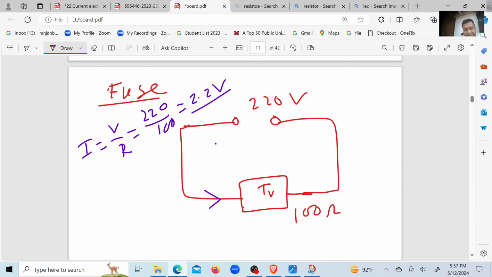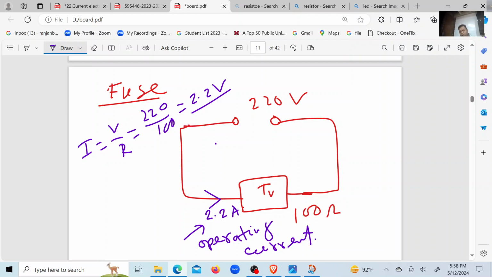So TV is operated by 2.2 ampere. This is called operating current. That means this TV will work properly. Its internal circuit will work safely. TV will be functioning if you provide 2.2 ampere current.